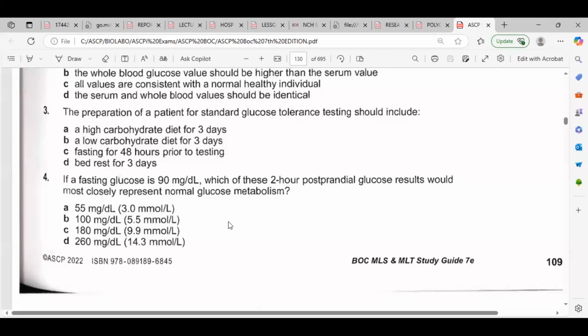We have that one. I think Mr. Frank is the one who taught this. After 2 hours, for normal glucose, it should be at this level of 100, 120, 110. That's the normal value. But when it is 80, that is pre-diabetic.